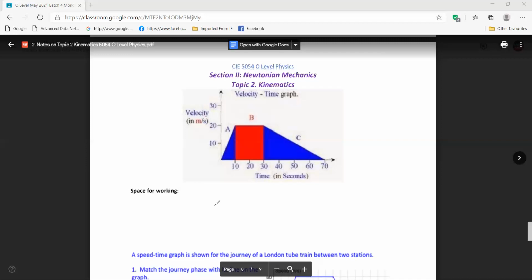Are you calculating for the whole part? No, sir, only for part A. It's 15, how much? Sir, we are finding the area under the graph. Isn't it half into base into height, divided by 2?